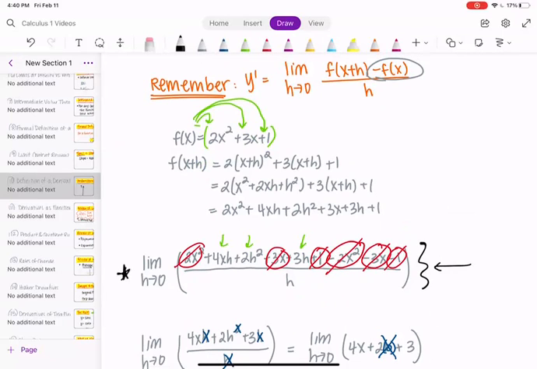And if you remember, one of the issues with that is that, for example, look at all of these terms cancel anyway, right? So all of those would end up going to 0, right? But if I plug in h here, I get 0. If I plug in h here, I get 0. And if I plug in h here, I get 0. So I have 0 plus 0 plus 0 over 0.